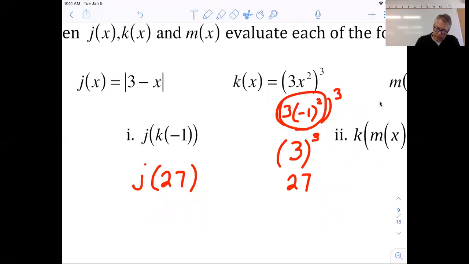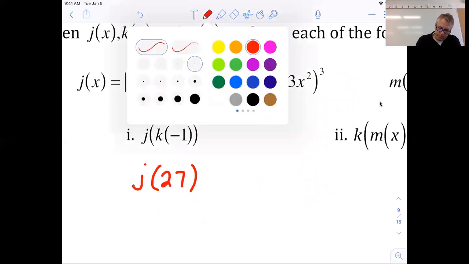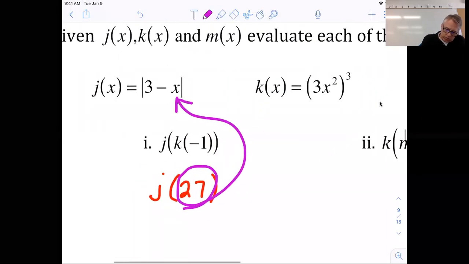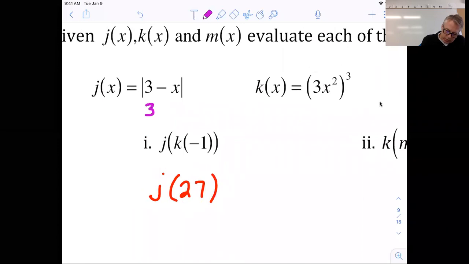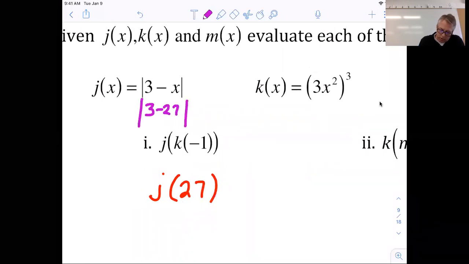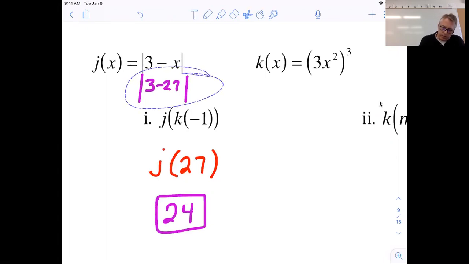So when we find j of 27, that means I'm taking 27 and plugging it into j. So I'll do 3 minus 27, which is -24. But then the absolute value is positive 24. And so our final answer is positive 24.